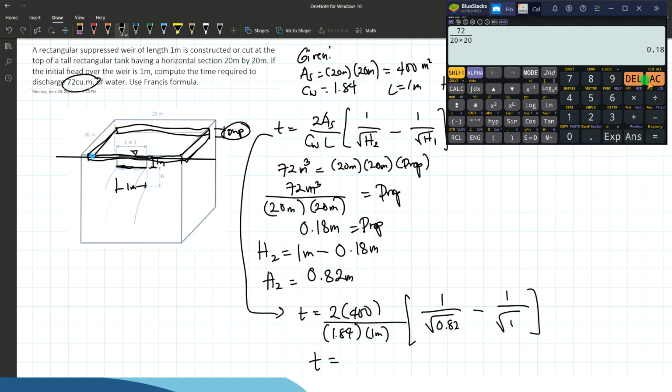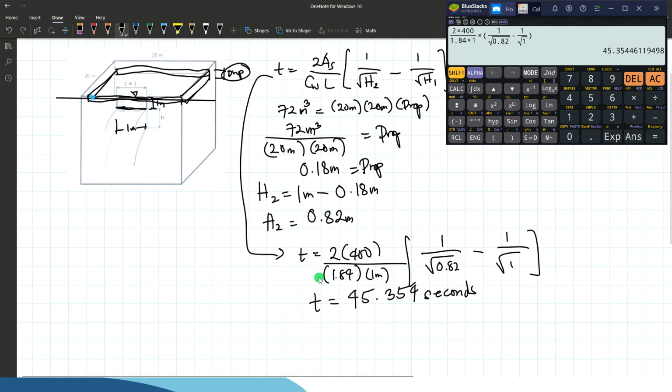So the time is 2 times 400 over 1.84 times 1, and here's your answer: 45.354 seconds.